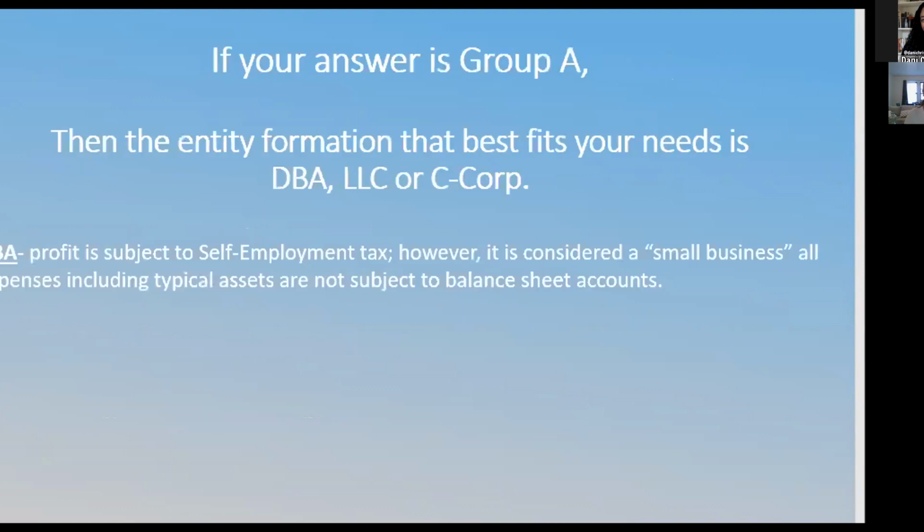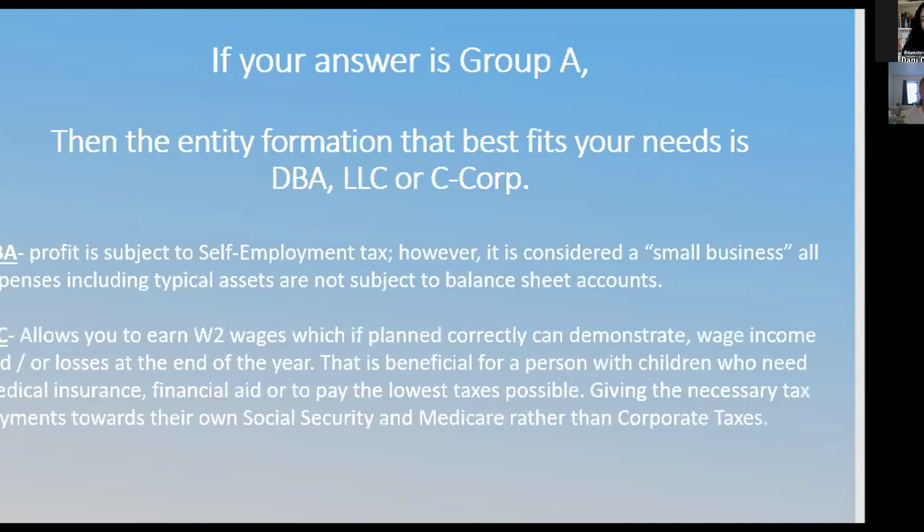So if you want to do Group A, then the best entity is a DBA, which again is subject to self-employment tax, and it is considered a small business. You can write off all the expenses relating to the business. An LLC allows you to earn wages on a W-2.